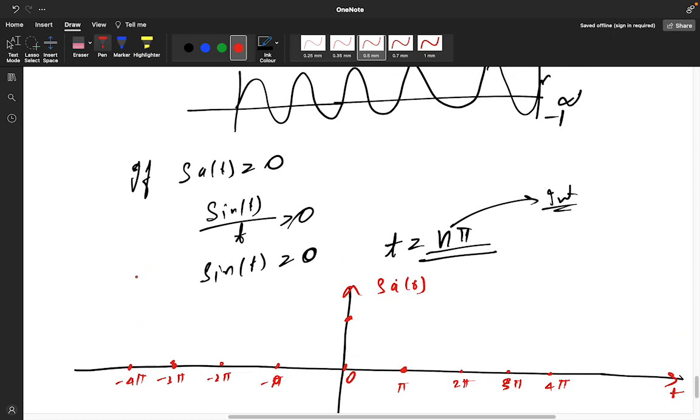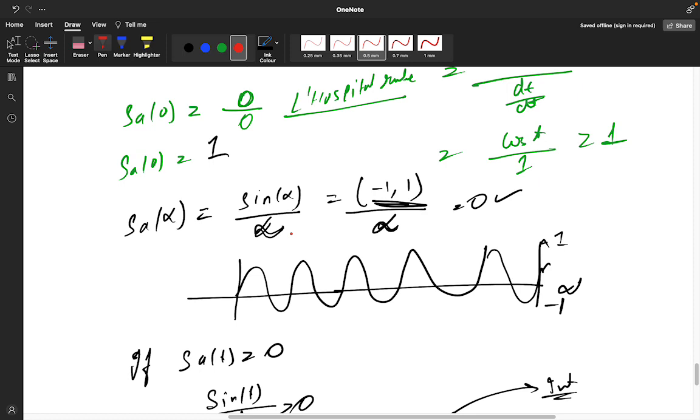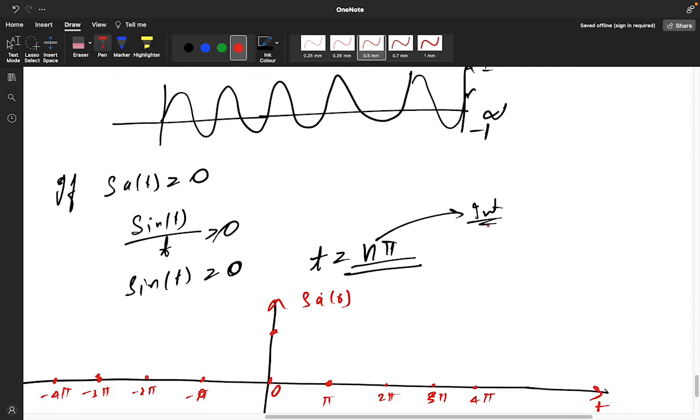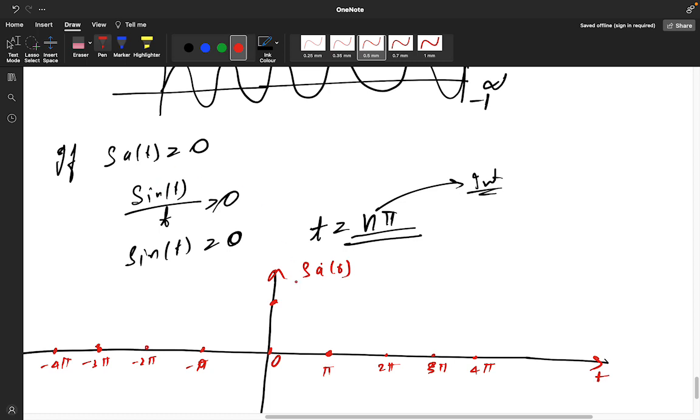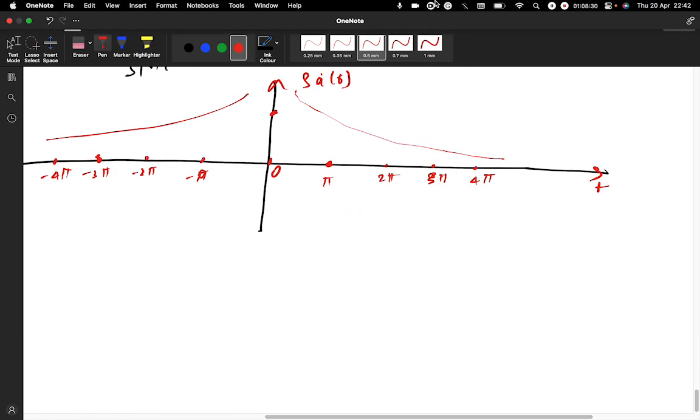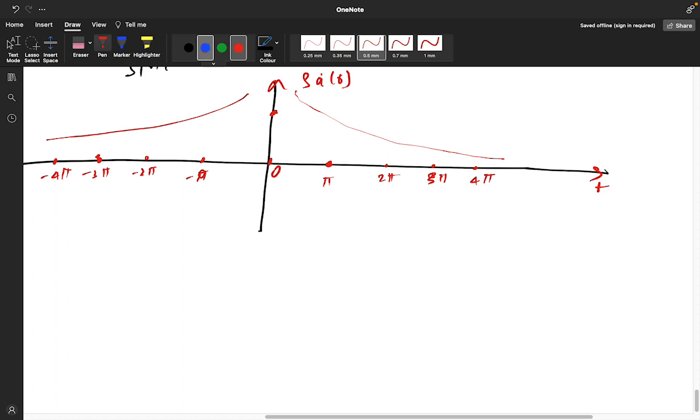And I told you, when it reaches infinite, it will become 0, either infinite or minus infinite. So how does the signal look? The signal looks like this.